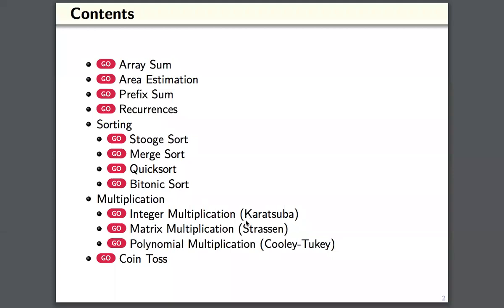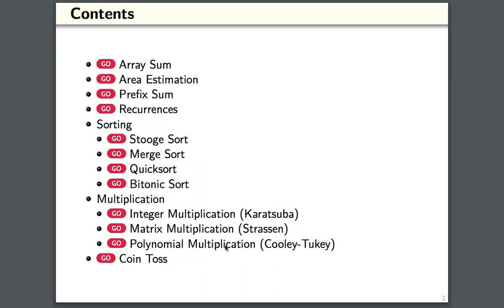In the third lecture, we will cover the integer multiplication algorithm, the divide and conquer integer multiplication algorithm called Karatsuba's algorithm, and a divide and conquer matrix multiplication algorithm by Strassen. There are many divide and conquer algorithms, but we will learn the algorithm discovered by Strassen.